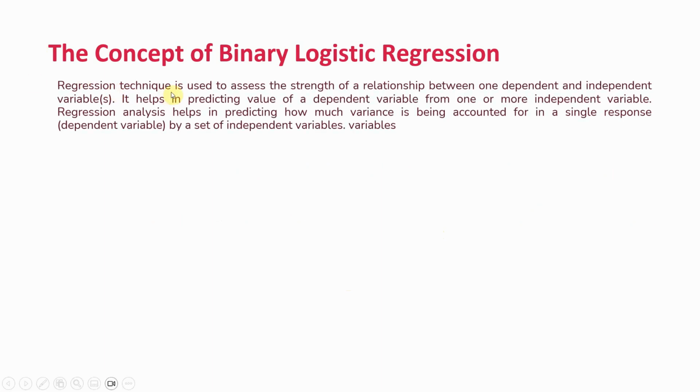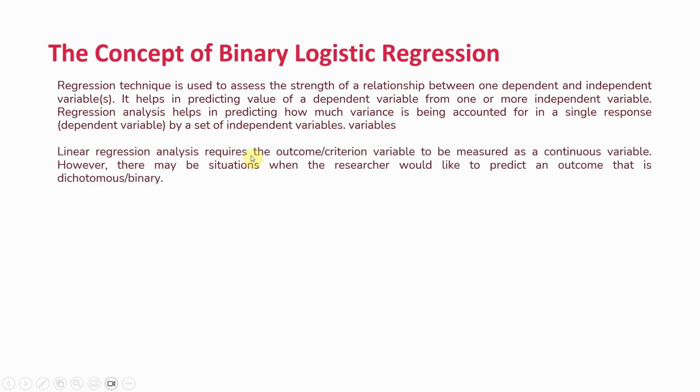Regression technique is used to assess the strength of a relationship between one dependent variable and one or more independent variables. It helps in predicting the value of a dependent variable from one or more independent variables. Regression analysis helps in predicting how much variance or change is accounted for in a single response, that is the dependent variable, by a set of independent variables.